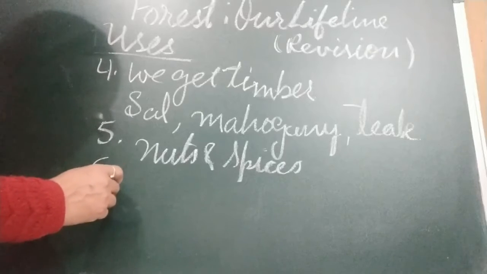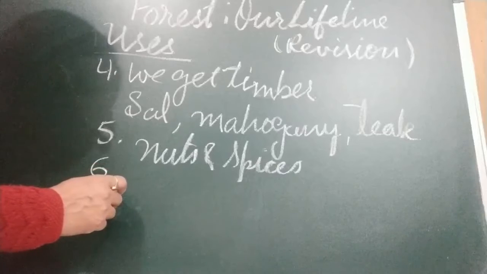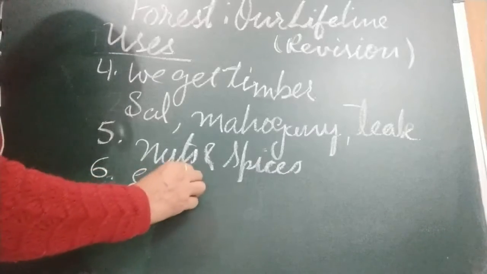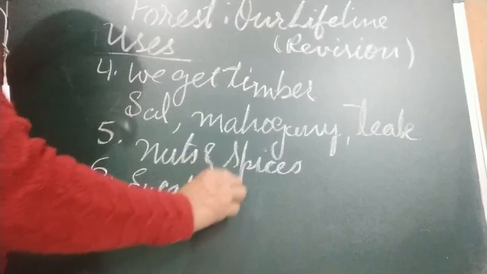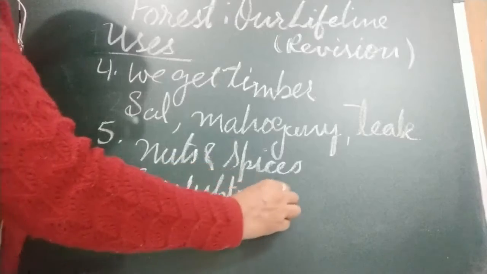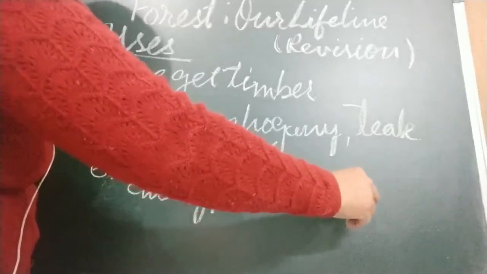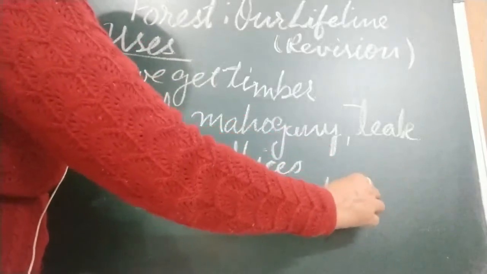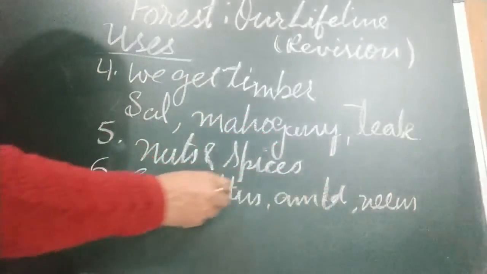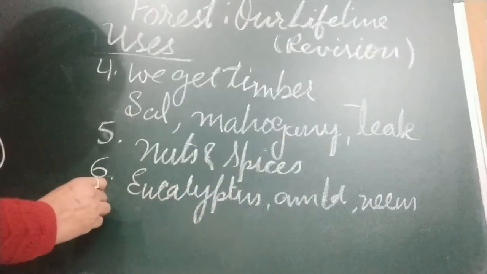The plants, the extract of which we use to make Ayurvedic medicines, are eucalyptus, amla, neem, etc.